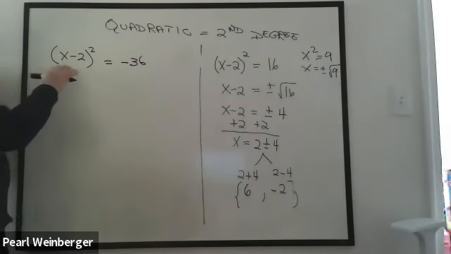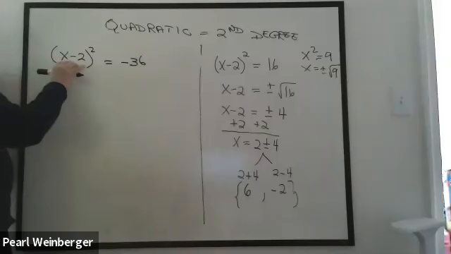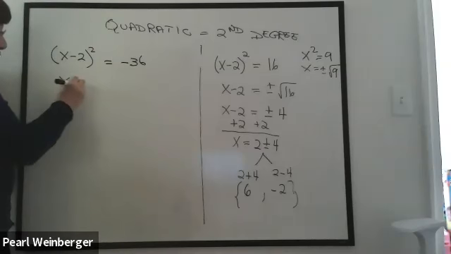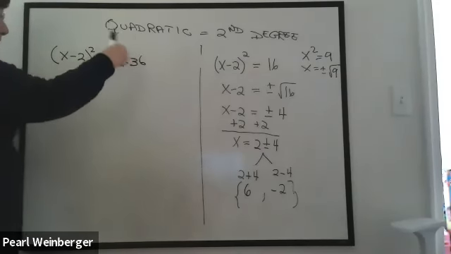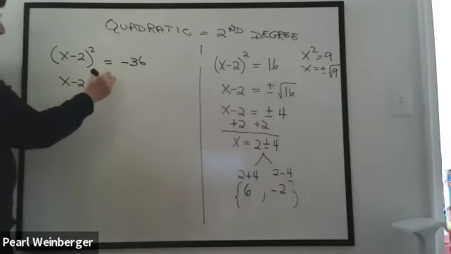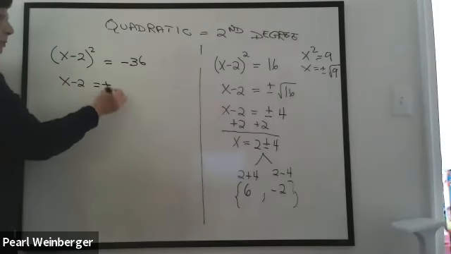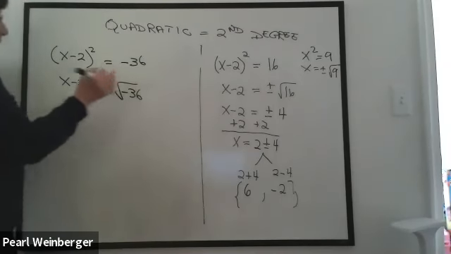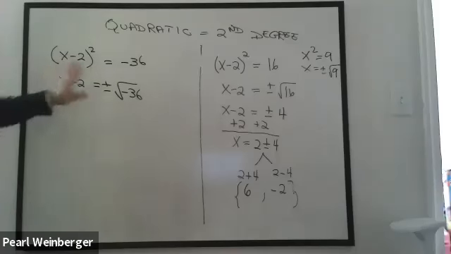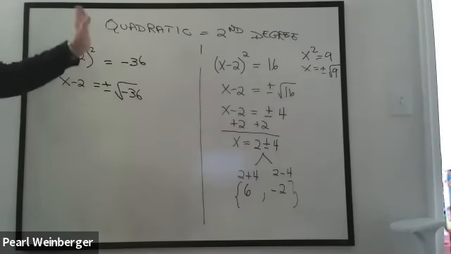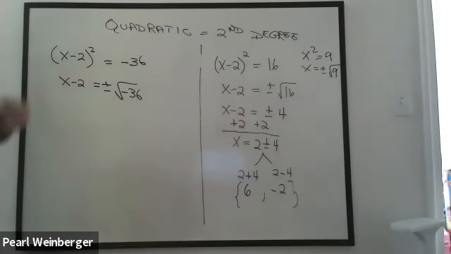Take the square root of each side. The square root of x minus 2 squared is simply x minus 2. On the other side, it's not anything squared, so I have to actually do its square root. So I do plus or minus the square root of negative 36. Remember the pattern: the side that has the square, you just remove the exponent 2. The other side, you do plus or minus the square root of.